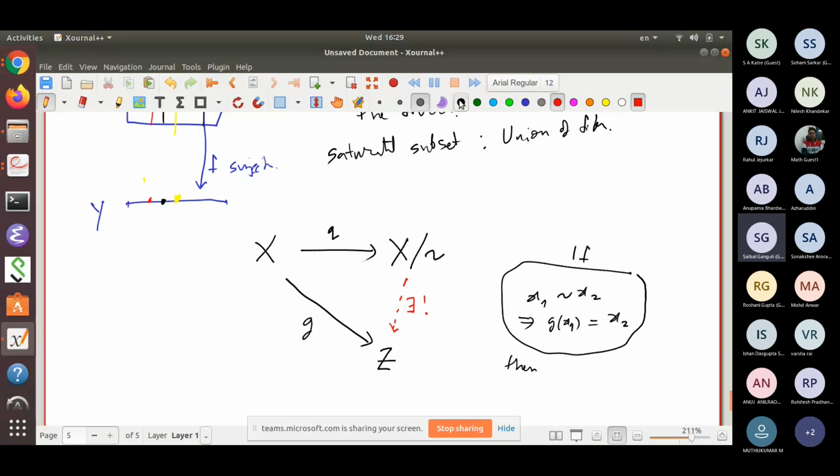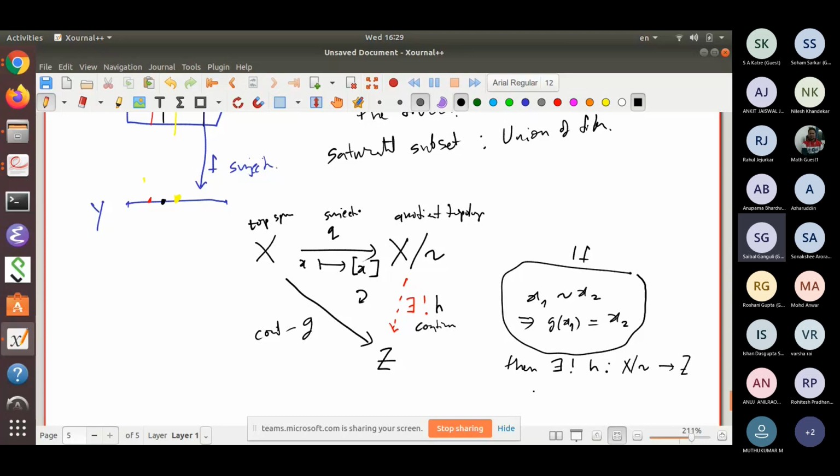Of course all these are now continuous, topological spaces, with this quotient topology. This is surjective, which sends x to the equivalence class of x. This is continuous. Then there exists a unique continuous H from X mod theta to Z such that this commutes.